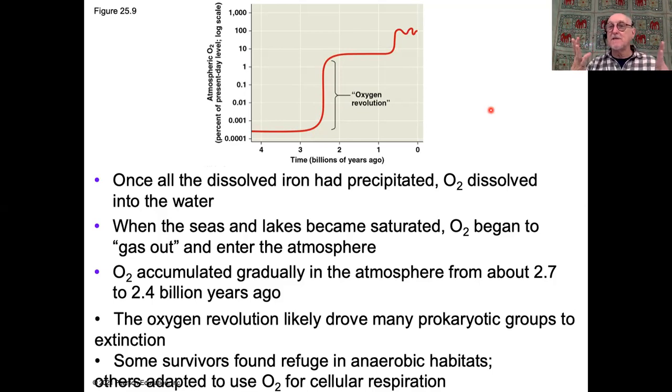So what organisms did was they took that free oxygen and combined it with organic compounds, and they produced carbon dioxide, which, compared to oxygen, is much less dangerous. They produced carbon dioxide and water from some organic compounds and the oxygen that was accumulating.